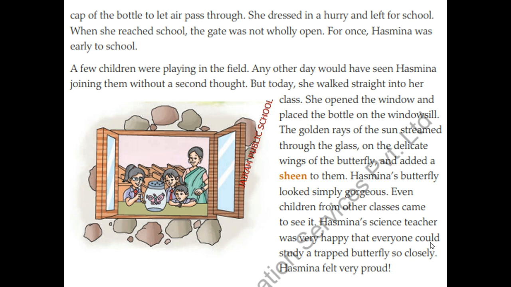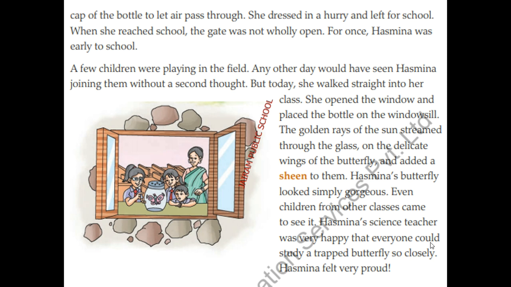The golden rays of the sun streamed through the class on the delicate wings of the butterfly and added a sheen to them. What do you mean by sheen? Which means a soft, smooth, shiny appearance. Hasmina's butterfly looked simply gorgeous, which is very beautiful and cute.